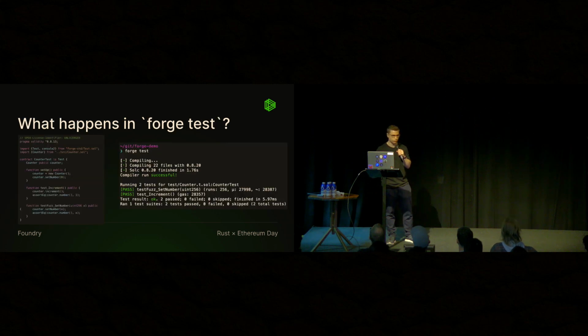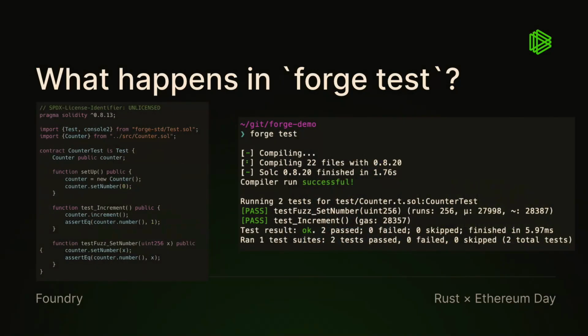But I want to focus on what happens when you run forge test under the hood. On the left side, you see the template test contract that you get when you initialize a forge project. You see there is a test contract that inherits from the forge-std Test.